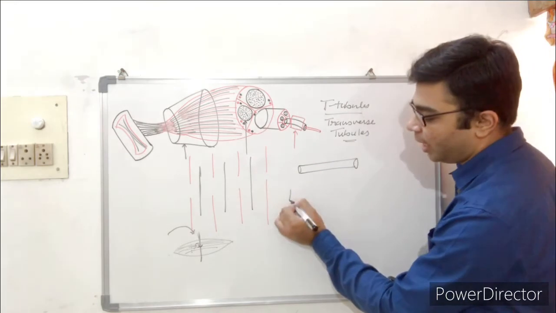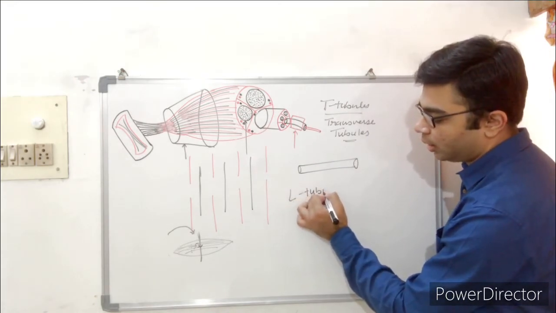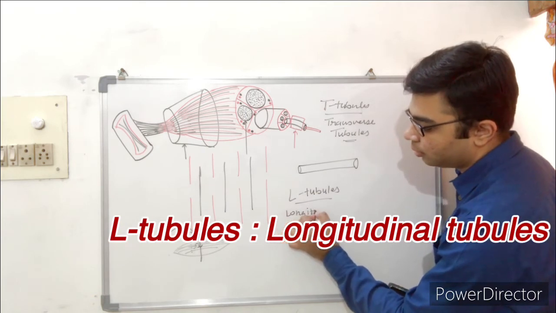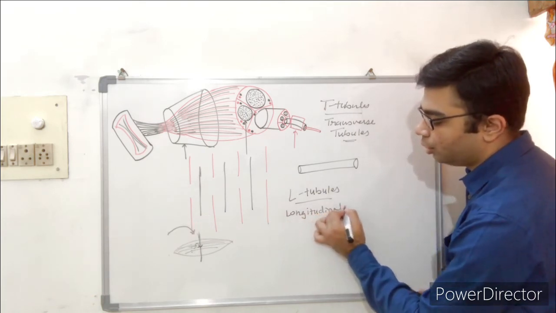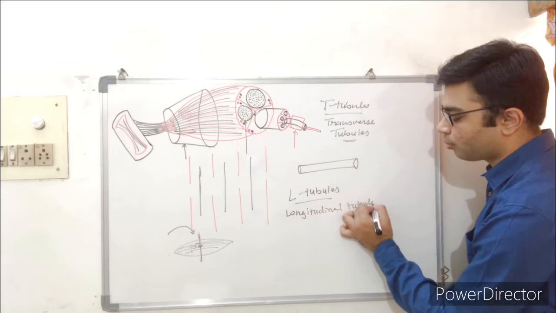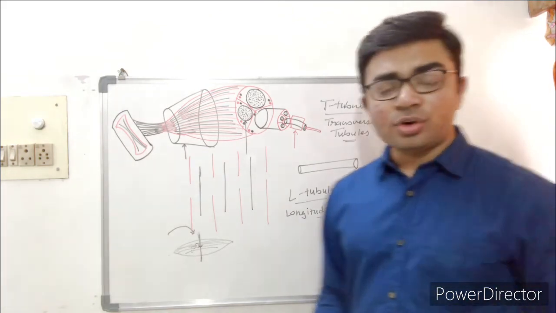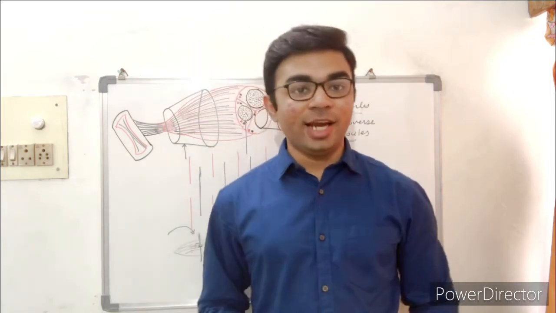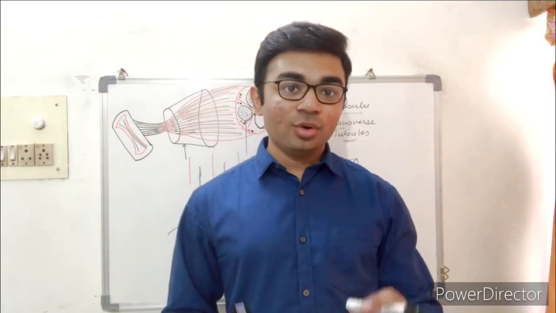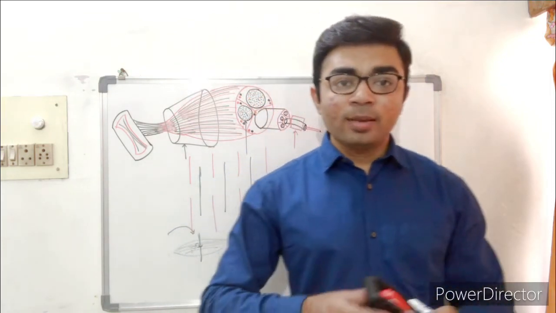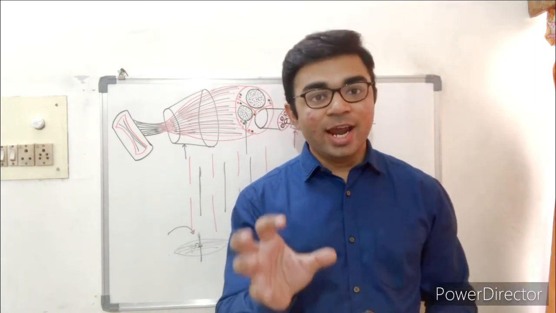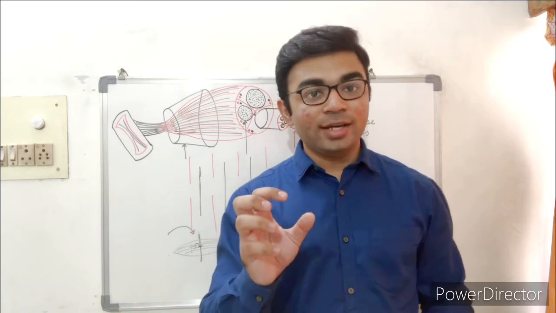Next thing is the L-tubules. L-tubules are known as the longitudinal tubules. The L-tubules, or longitudinal tubules, correspond to the endoplasmic reticulum of the cell. The endoplasmic reticulum of the cell forms a sac-like structure at the end portion.